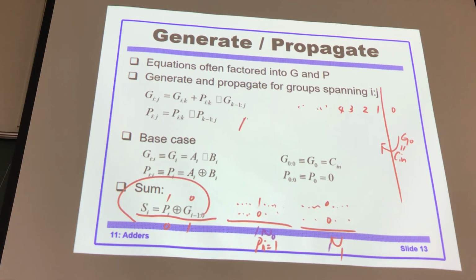Let's say P3 to 3, from 3 to 0, that would be carry propagate 3 to 3, and carry propagate 2 to 0.